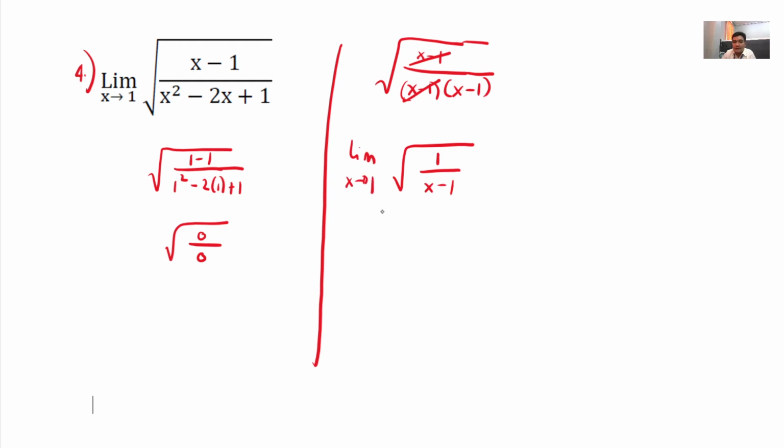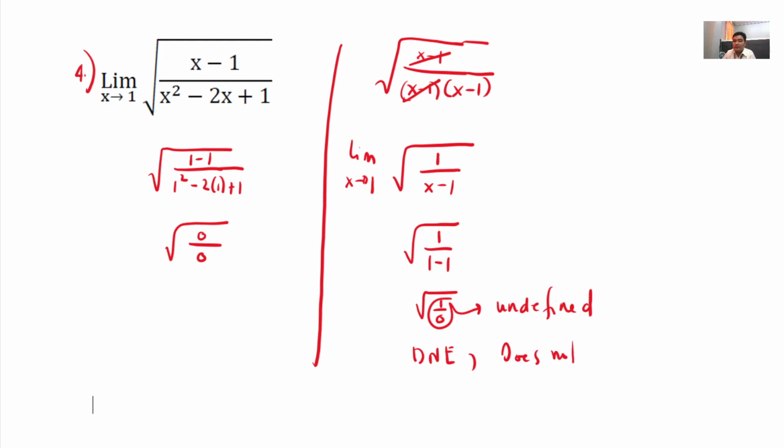So magiging substitute na natin si 1. So square root of 1 all over 1 minus 1. So square root of 1 over 0. So di ba pag 1 all over 0, that is undefined. Okay? So the answer here, class, is undefined or DNE, does not exist. Okay?